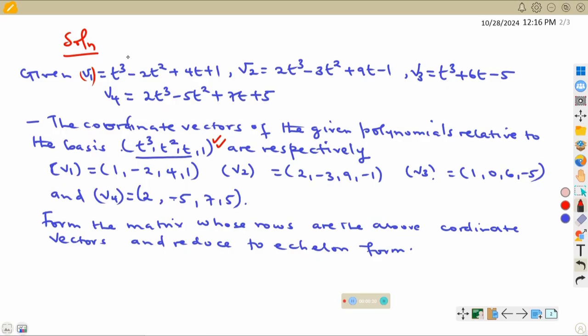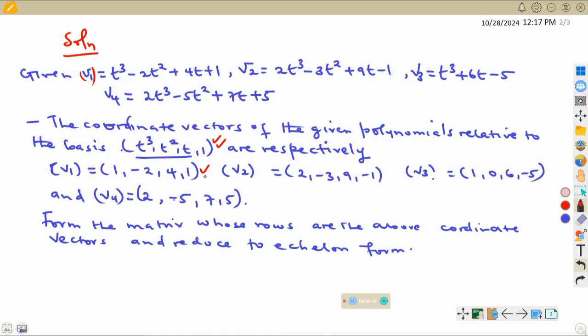So the standard basis for the polynomials of degree 3 will be t to power 3, t squared, t, and 1. So the coordinate vector of V1 relative to this basis will be 1, negative 2, 4, and 1, by simply taking the coefficients for t to power 3, t squared, t, and the constant term.